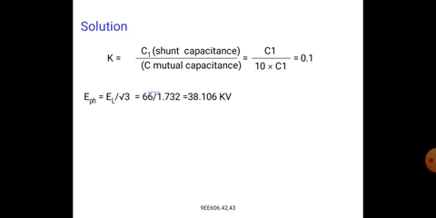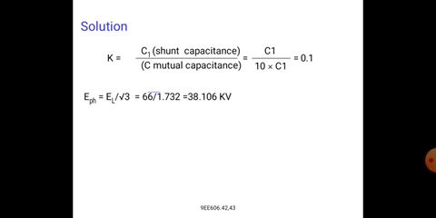The shunt capacitance is pin to earth, and the mutual capacitance is insulator to insulator. So C1 by 10 into C1, C1 gets cancelled. Here K is equal to 0.1.